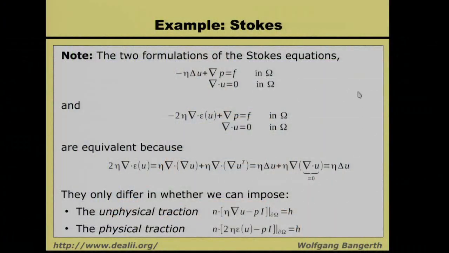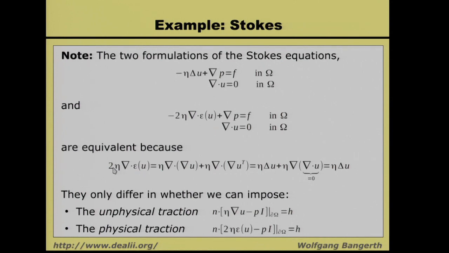So in particular, if you look at the original equation, it had minus eta Laplace u here, and now I have minus 2 eta divergence epsilon of u. They're actually the same, because if I look at this term, 2 eta div epsilon of u, epsilon of u was grad u plus grad u transpose divided by 2.